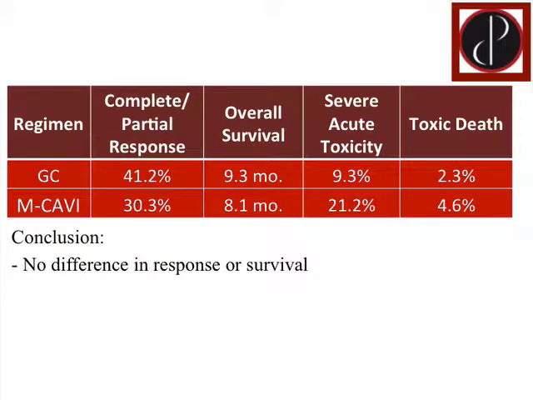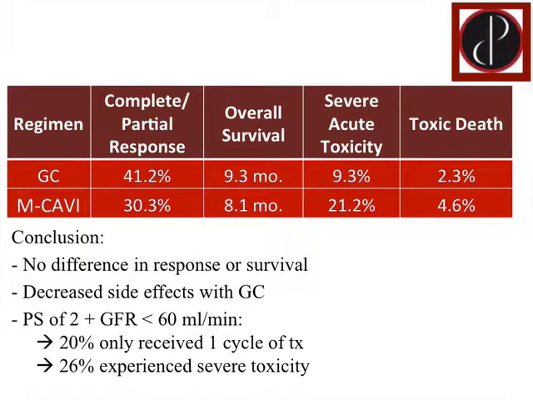They found that there is no difference in response rate, but less side effects in the gemcitabine carboplatin group. And if the patient had a performance status of 2 and GFR less than 60, probably in 26% he experienced severe toxicity, but we need more clinical data.